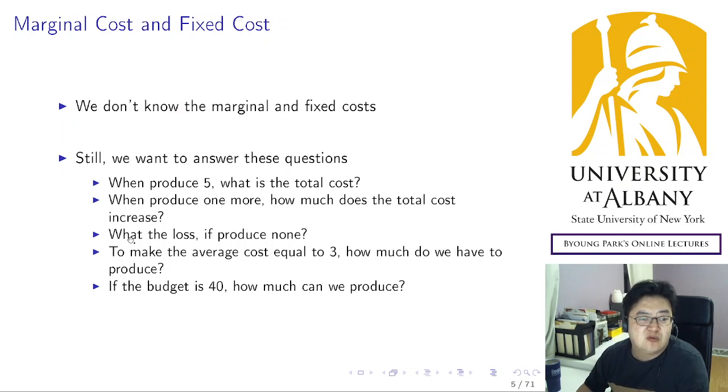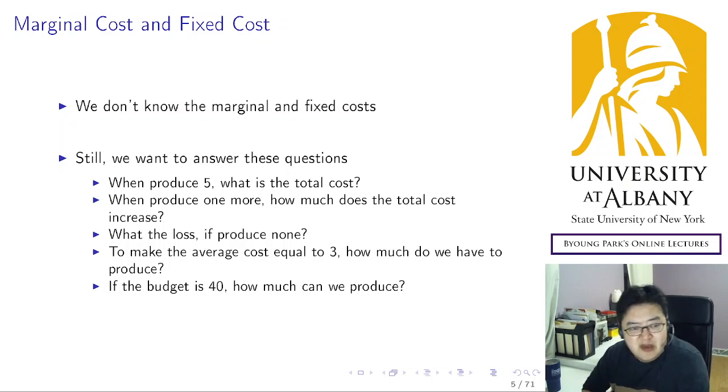What is the loss if you produce nothing? To make the average cost equal to 3, how much do we have to produce? If the budget is $40, how many pizzas can you produce? These questions look simple, but they are relevant, important questions in practice.